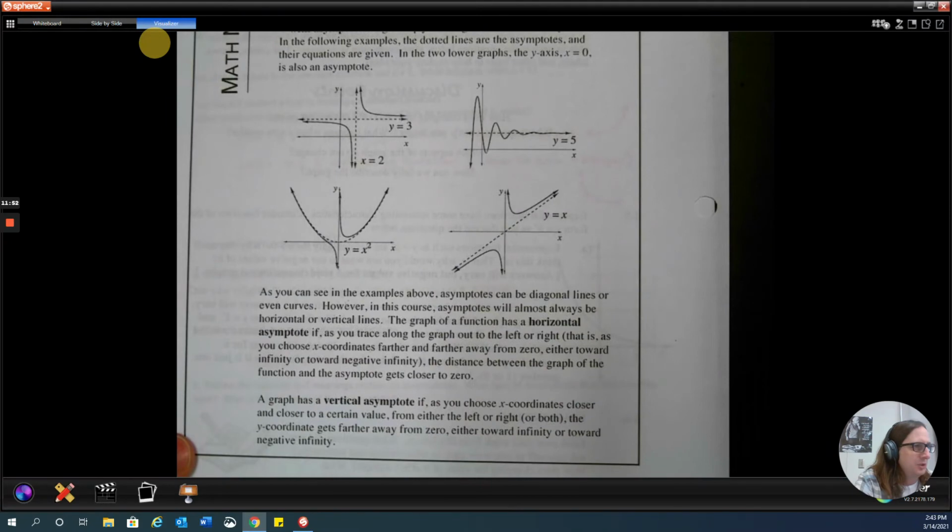And you'll see that as you get into more advanced math, your asymptotes also get more advanced as you go along. So the asymptotes are lines that your functions will approach but never actually make it to.